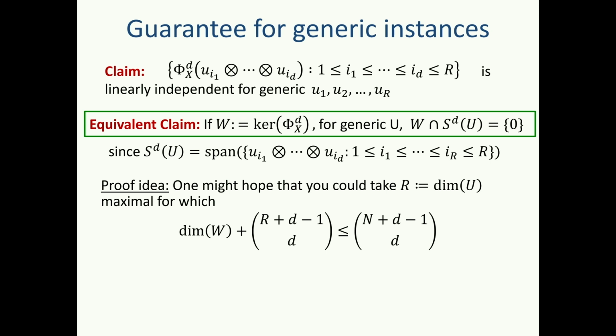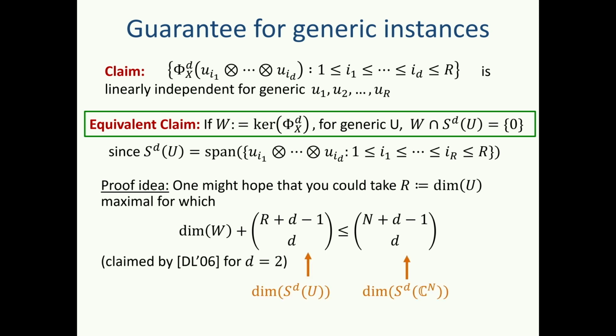In fact, this is something that was claimed by Delatour in one of his papers. In fact, the proof of the Fooby algorithm relies on it. It turns out that it's false. Okay, it's not true that if you just line up the dimensions, you should hope for it to be true generically. It's not even true for very small dimensions. So this is not quite true.